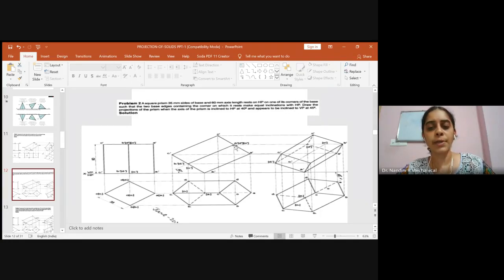You can see you have B dash, D dash, O dash along the same point. So D dash is meeting here, and this will be our point D. Now we got the four corners for the top surface as well as the bottom surface.